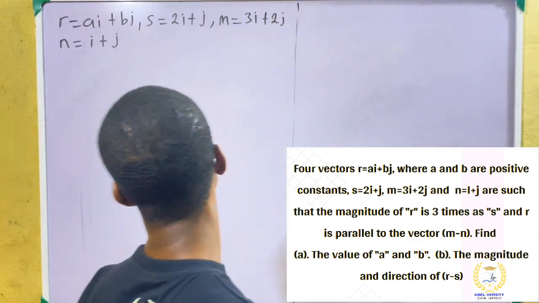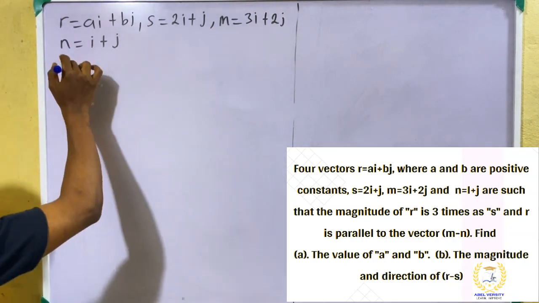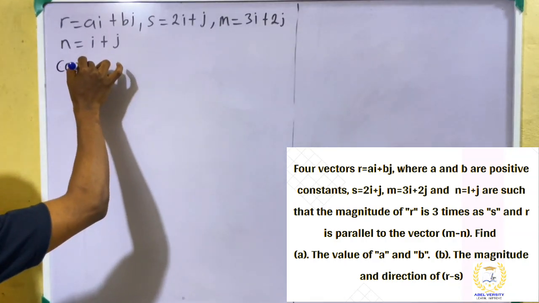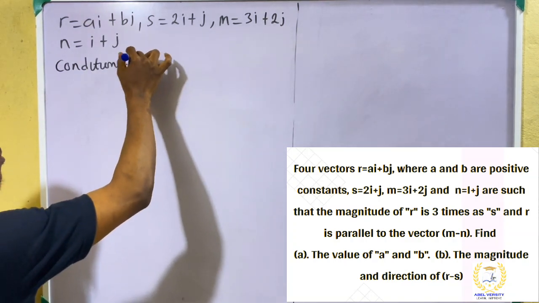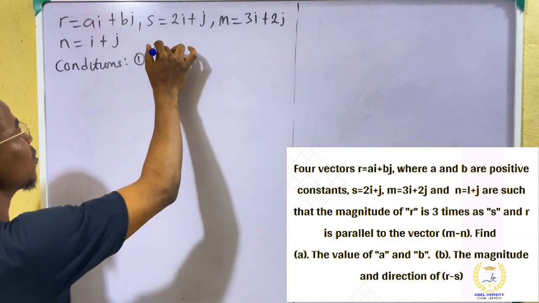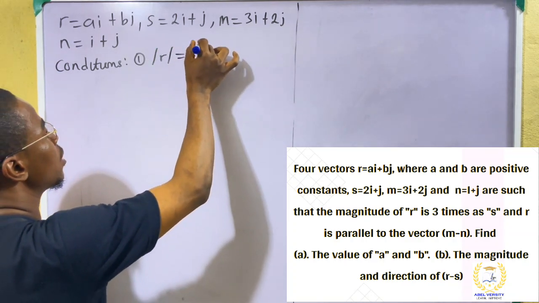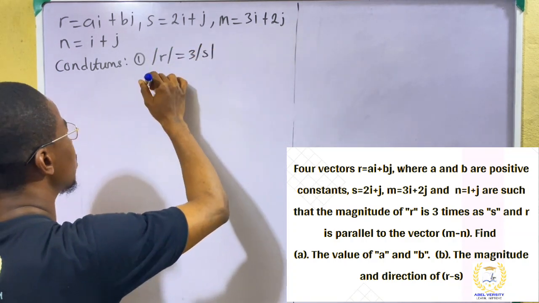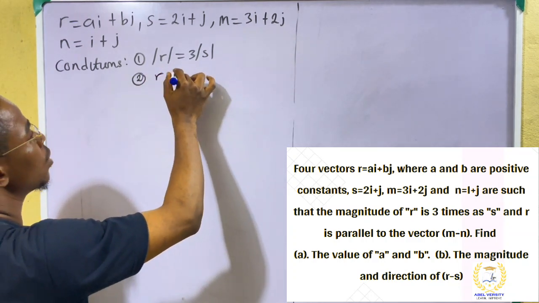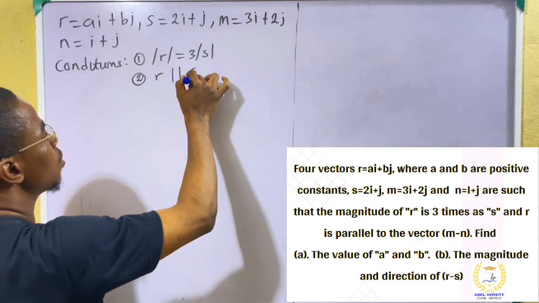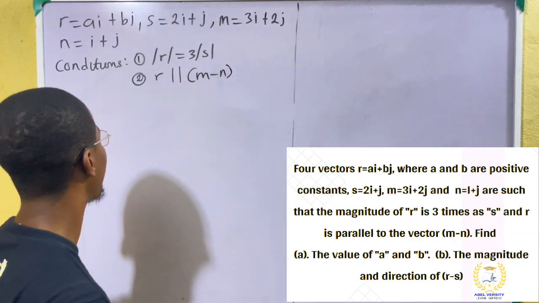So let's first of all write out the conditions that were given for this. The first condition says that the magnitude of r is equal to 3 times the magnitude of s. The second condition says that r is parallel to m minus n.